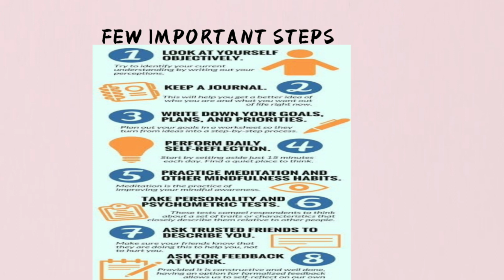And seventh is to ask a trusted friend to describe you. Like if I have a trusted friend, I can ask him, please just tell me about myself. What are the qualities that you like? What are the qualities that you don't like? We can ask, and ask for feedback at work, wherever we are working.